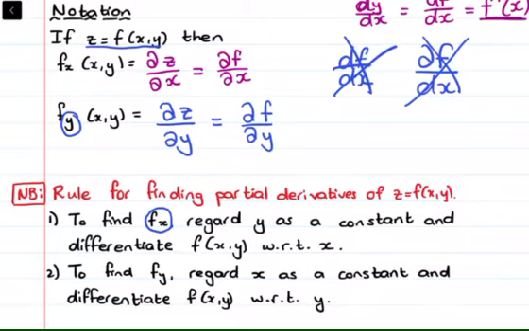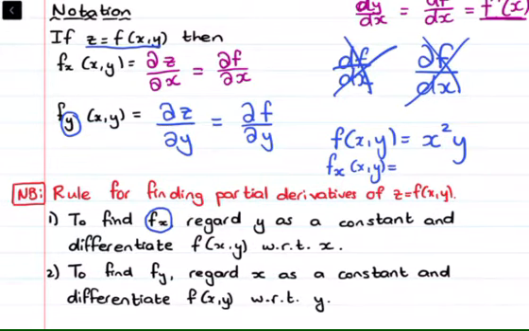Okay? So if you have, for example, f of x y is equal to x squared y, and I'm saying find the partial derivative with respect to x. So this is f x. I say that consider y as a constant, meaning make y look like a number.